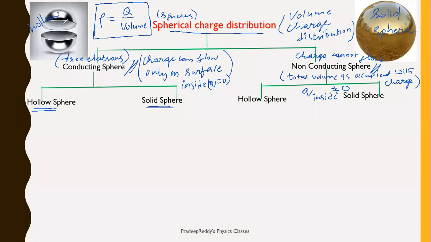In case of a conducting hollow sphere, total charge is accommodated only on the surface because inside there is no matter. So what is inside? There is no charge. Q will be equal to 0. Charge is accommodated only on the surface, and outside there will be a field extended. This is E not equal to 0.